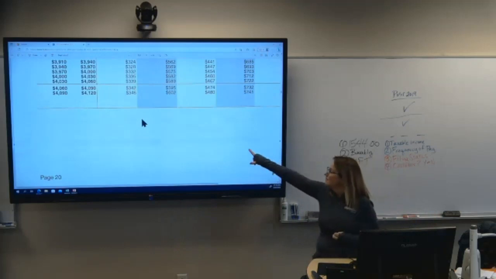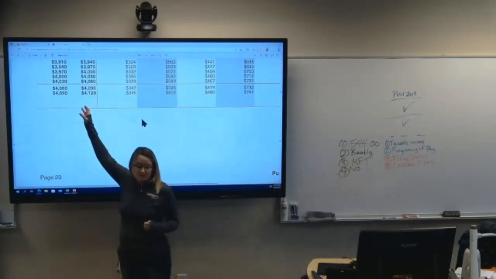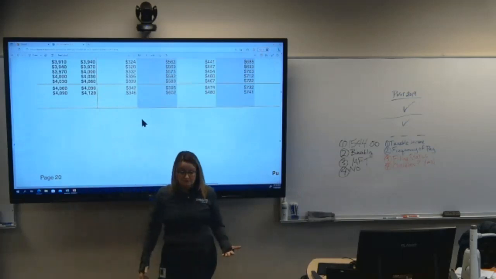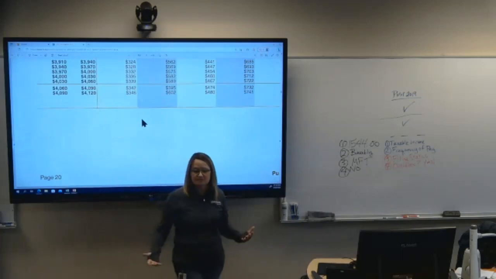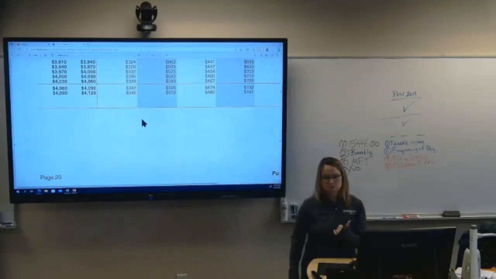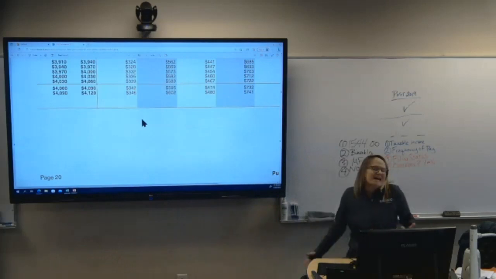So you can see why this top number changes for every frequency of pay. It also changes every year. So that range is going to change. So I can't just say, oh, if they're making over $5,000, use this method. You've got to figure out which method you have to use.